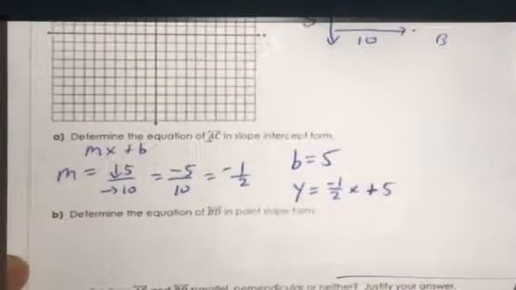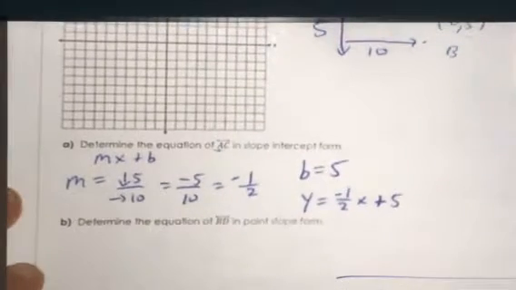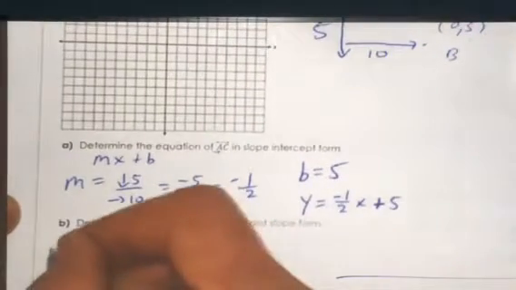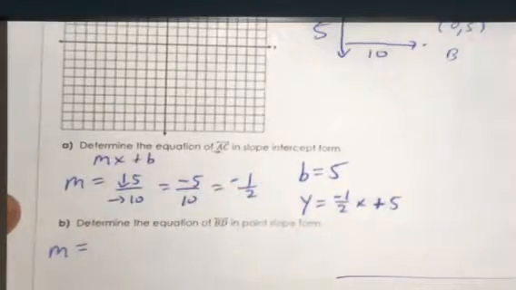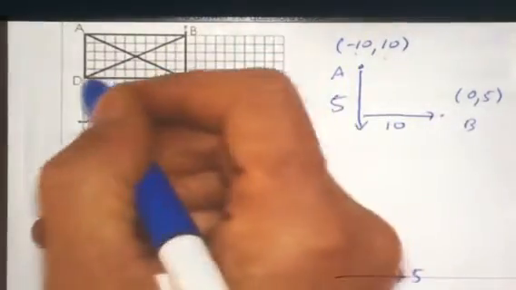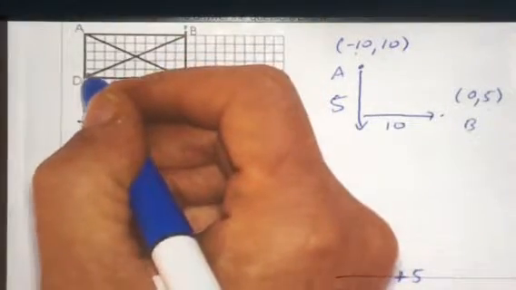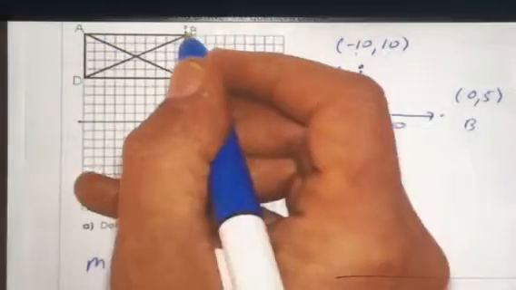Determine the equation of BD, now in point slope form. So again, we need to find the slope. And now, instead of going down, as we go to the right, BD increases. So this is a move up 5 as you go right 10.